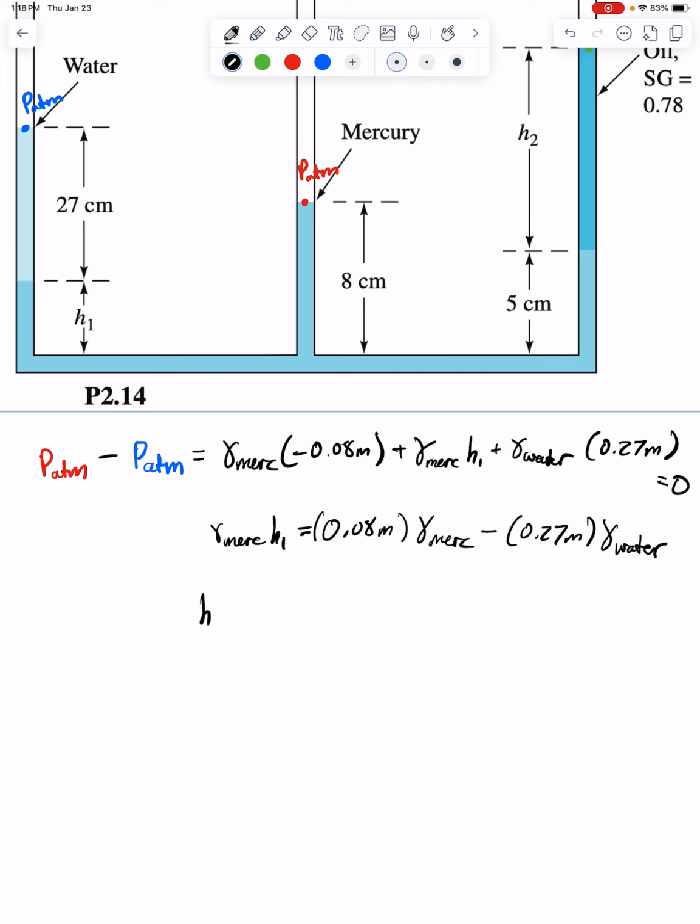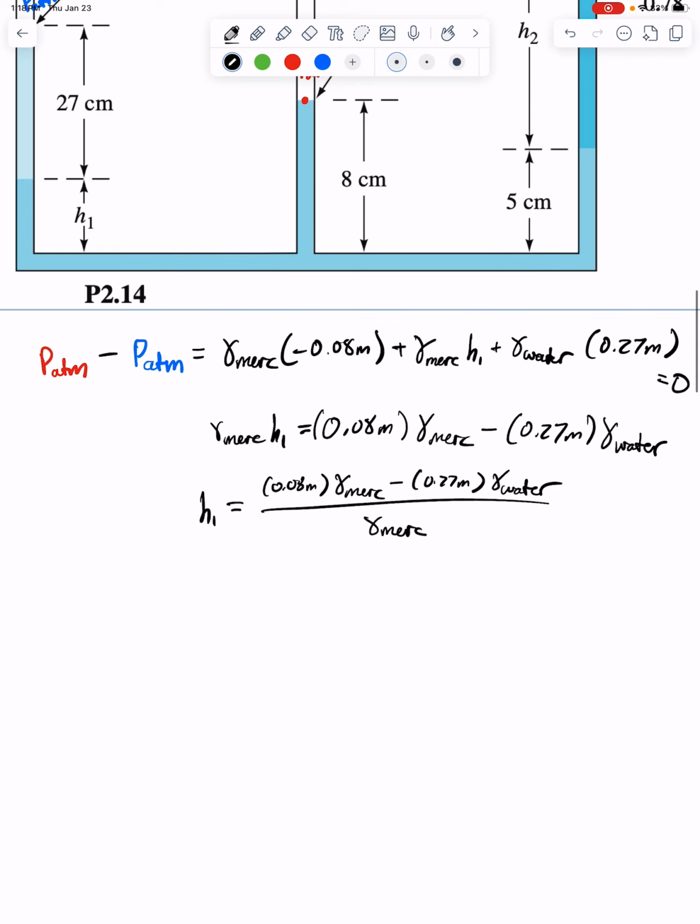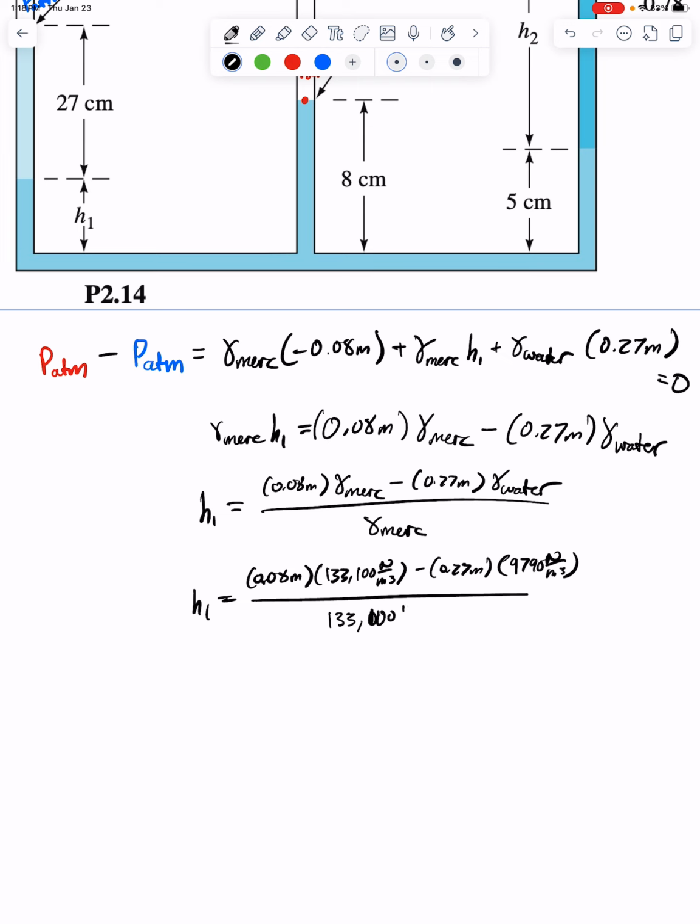Okay, then isolate for H1, divided by specific weight of mercury. I'll plug in their associated values. So 0.08 meters times 100 newtons per cubic meter minus 0.27 meters times 9,790 newtons per cubic meter, divided by 133,100 newtons per cubic meter.